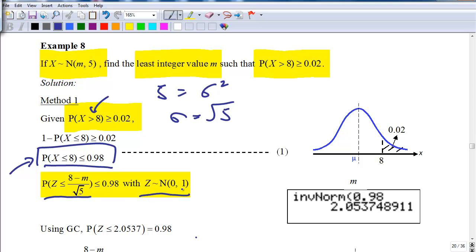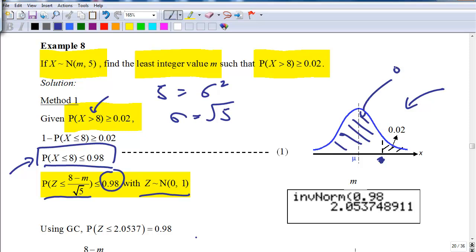Now, before we continue, I'm going to ask you to draw a very simple bell shape first. This is your simple bell curve. It's symmetric about the mean mu, and then can you strike away this 8 first, and then this 0.98. Now, just imagine this unshaded region, which is now I'm shading.